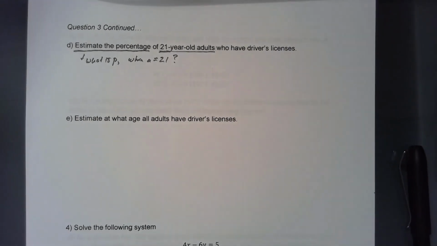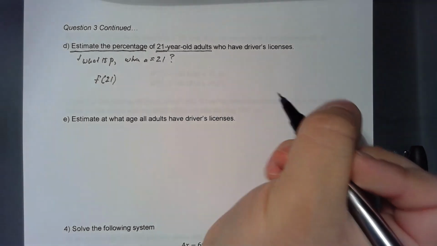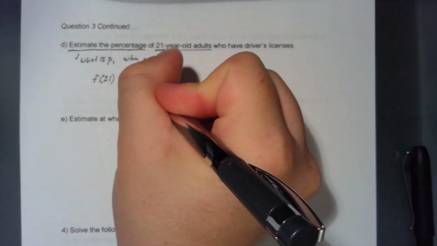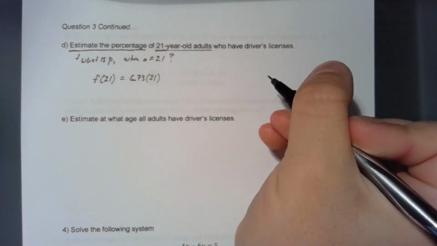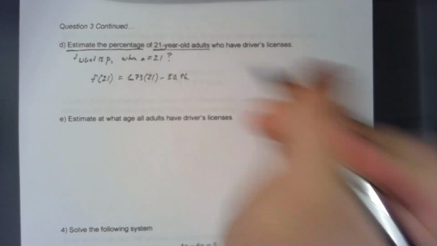So to do that, just plug it into your function. So f is at 21, right? And your function was 6.73 times 21 minus 50.96.